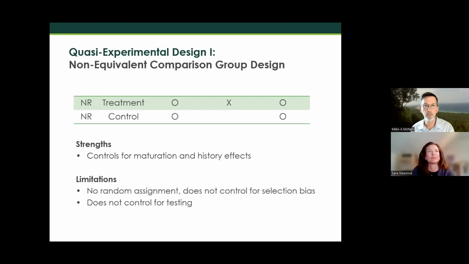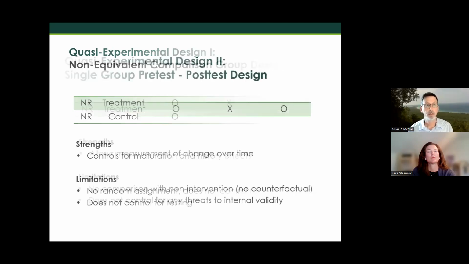Instead, typically you're using naturally occurring groups and comparing them. Its strengths are that it controls for maturation and history effects, but it does not control for selection bias unless you use some matching technique, like, for example, propensity score matching is one that's popular. And it doesn't control for the testing effect.